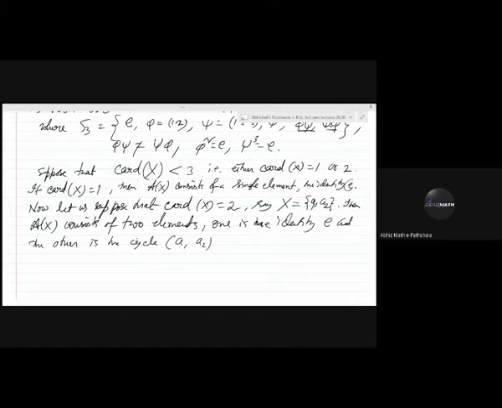Which proves that the permutation group consisting of E and this cycle must be an abelian group.